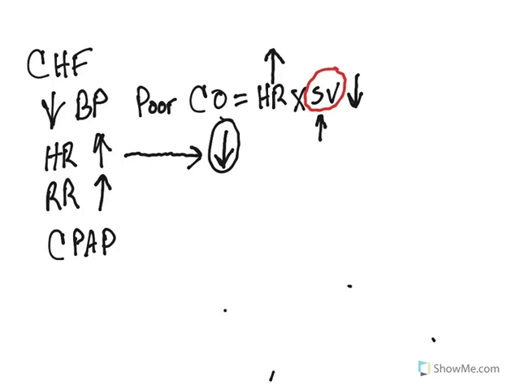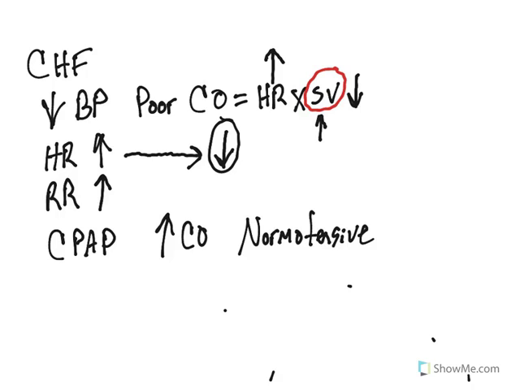You know how it goes, more to come, right? More to come. So what's happening is CPAP will actually increase cardiac output in a patient who is normotensive or near normotensive.